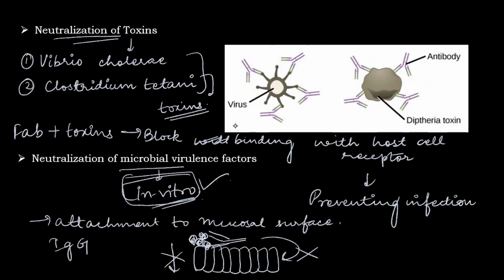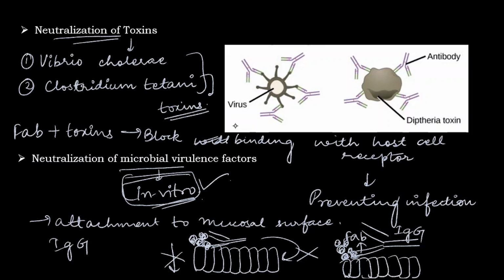Let me draw this more clearly. These are the bacterial cells, and here the Fab domain of the IgG is interacting, and therefore they are not able to enter the epithelial region.